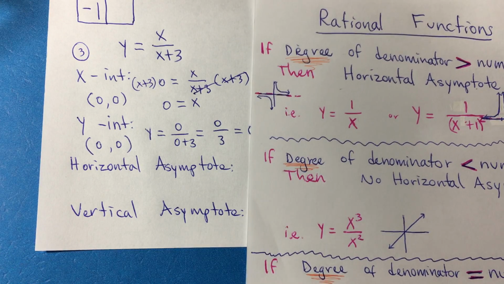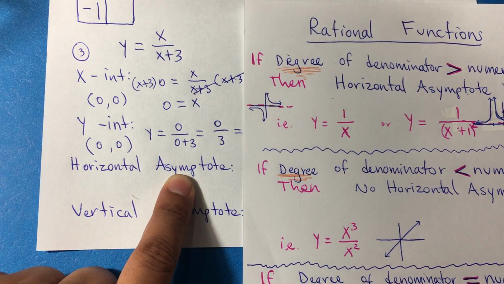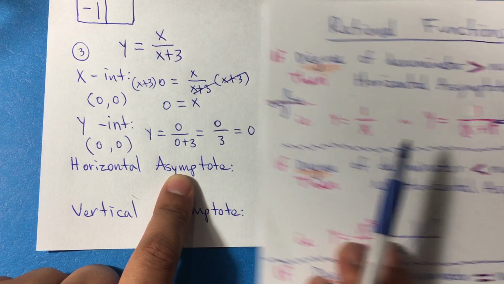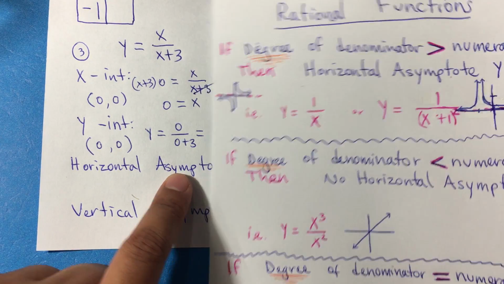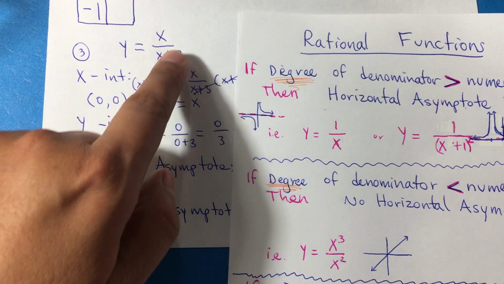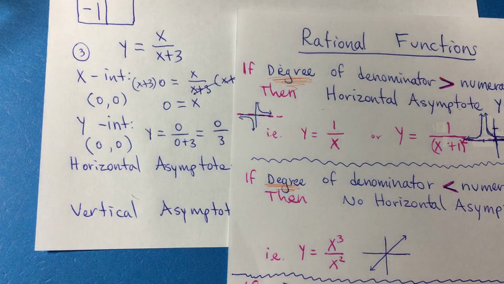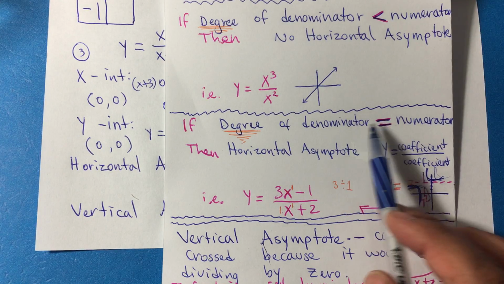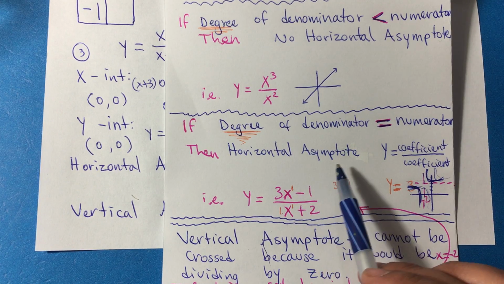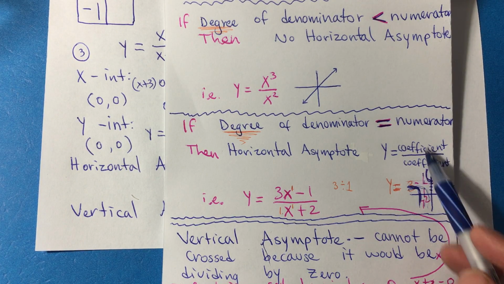Let's look in here. So for the horizontal asymptote or end behavior, we need to look at the degrees. The degree is 1 and the degree is 1. So they are equal in the denominator and numerator. How do we find the horizontal asymptote? We have to divide the coefficients.